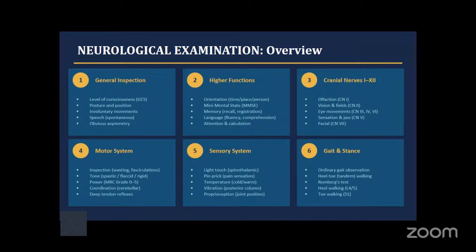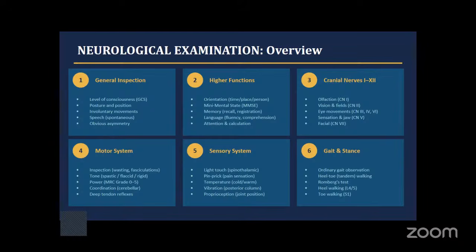And when you do speak to them, or when they're speaking to someone else, do they have any abnormalities in speech in terms of initiating speech, the tonus of speech and the smoothness of that speech? Then any obvious physical asymmetry. Higher function, we will test orientation in time, place, and person, do a mini mental exam, memory, long-term and short-term and intermediate, language, attention and calculation, then cranial nerve exam.